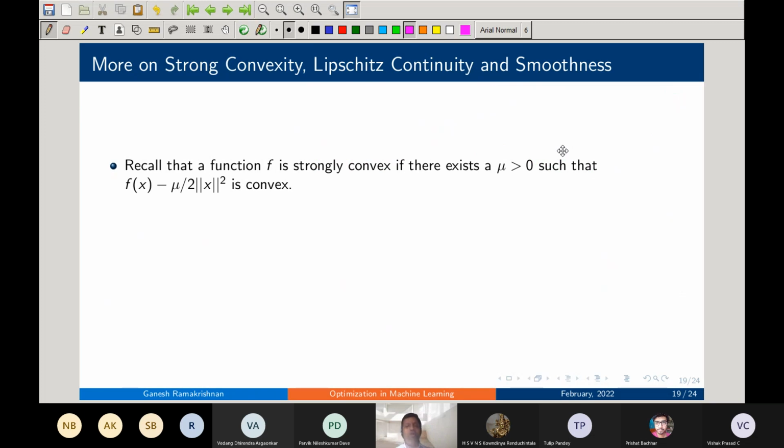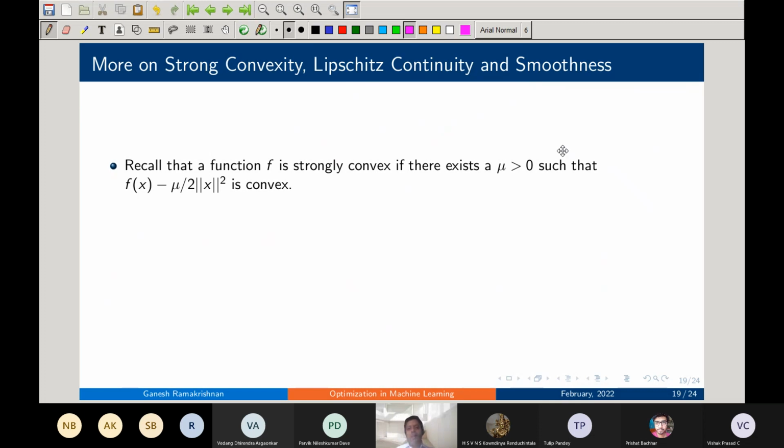Now we can talk a little bit more on strong convexity, Lipschitz continuity, and smoothness. Recall that a function is strongly convex if there exists a mu such that even after subtracting mu by 2 norm x square, for a non-negative mu, you still have convexity.